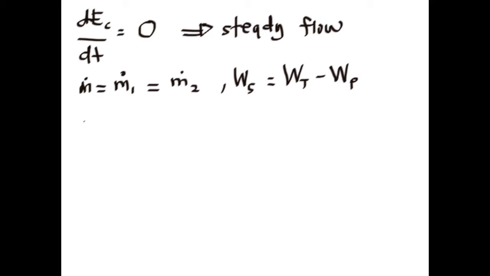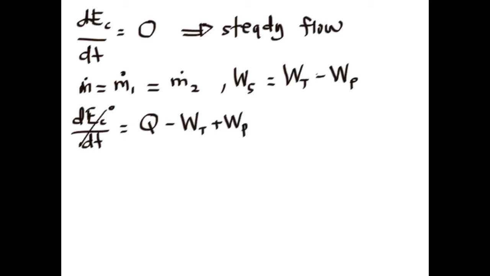So if you replace into the long equation of the general energy equation, this will be 0 because it's a steady flow. So Q minus, W shaft now becomes WT plus WP. You put it here, WT, WP, because it's a negative before this.